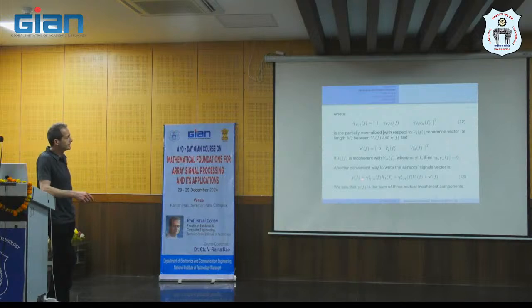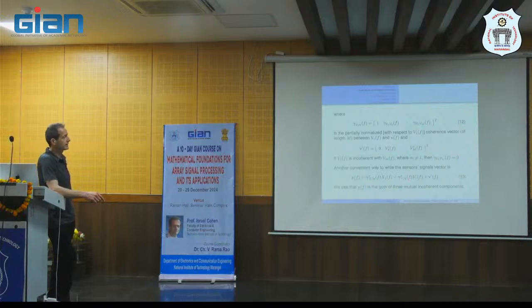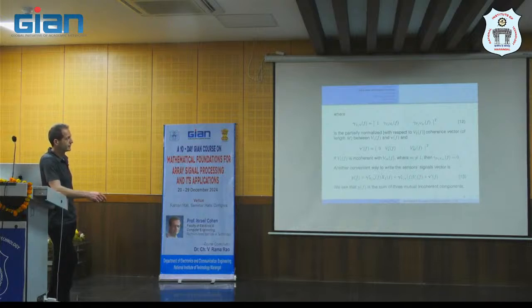Eventually, we write the vector of measurements for the frequency f as composed of three components. One component is the desired source. The second component is the coherent noise. Coherent noises are the noise that are coherent with the noise in the reference sensor.